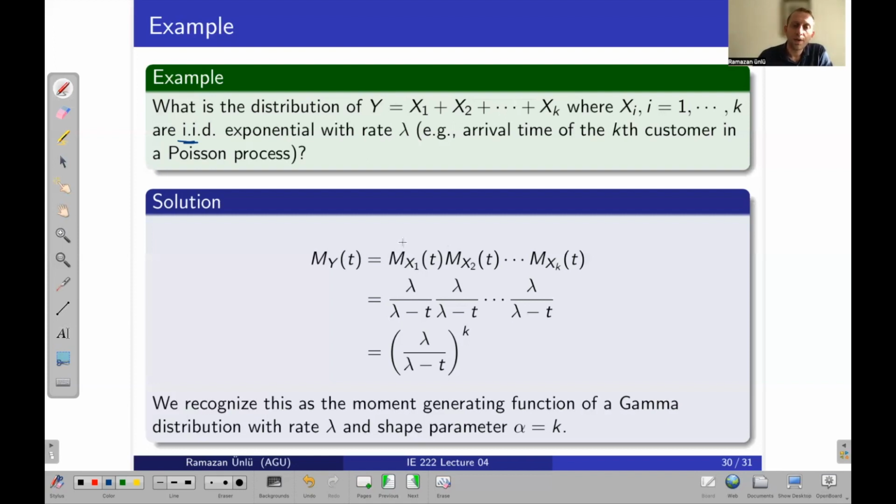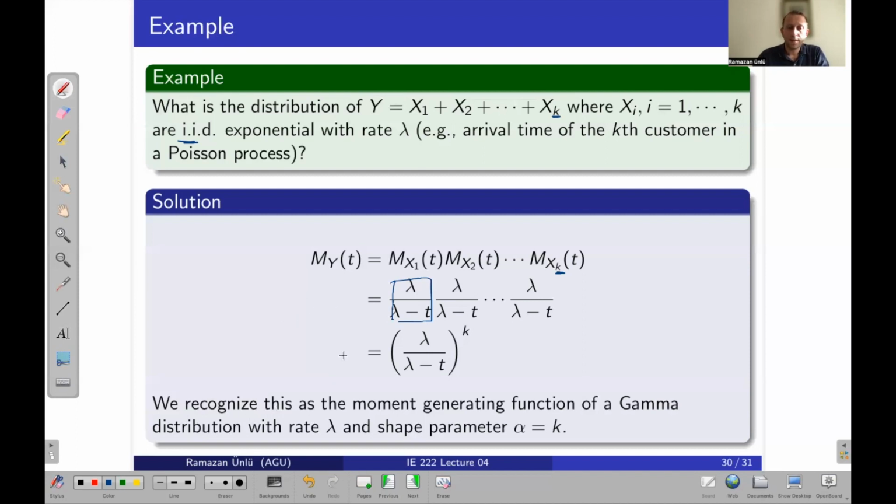That's why the moment generating function of all those random variables is the same, which is lambda over lambda minus t. We calculated that in the previous part, and it is the same for all random variables. So we can simply calculate lambda over lambda minus t to the k, because we have k random variables. And that is the moment generating function of y.